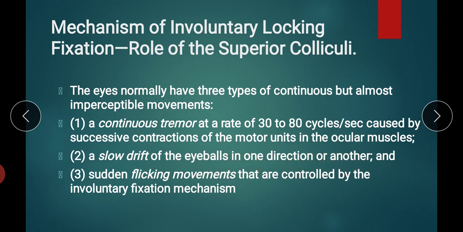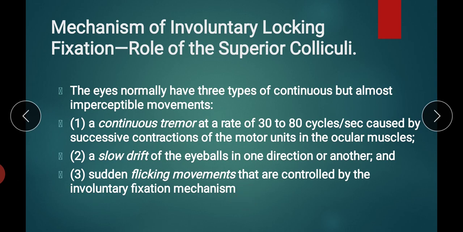When the image is focused on the fovea, at that time the focus is continuously drifting, but slowly the focus is moving away from the center of the fovea, and that type of movement is the slow drifting movement. Then there are sudden flicking movements that are controlled by the involuntary fixation mechanism.